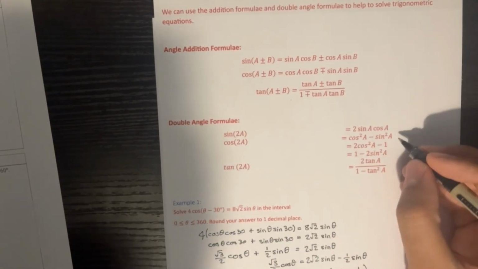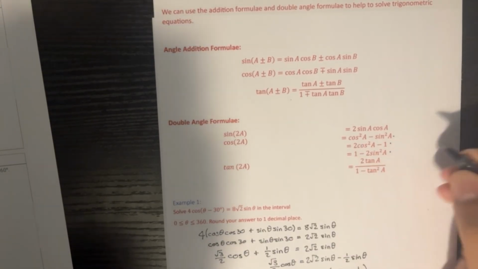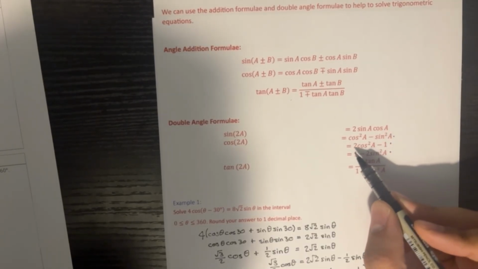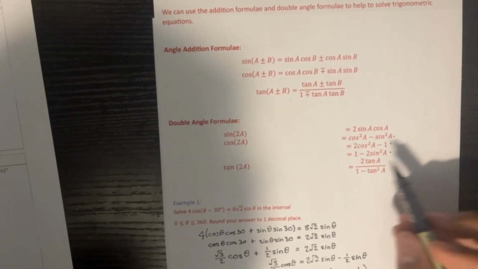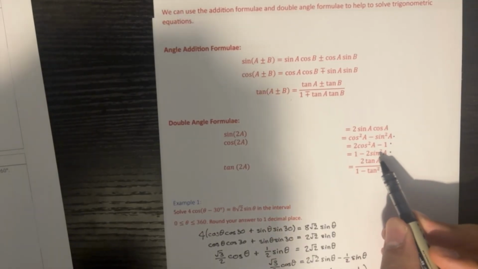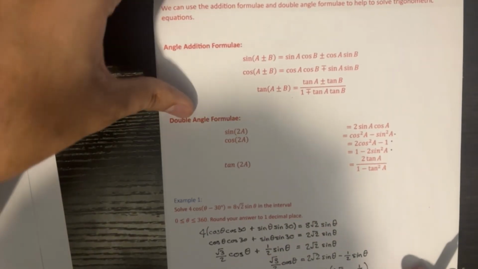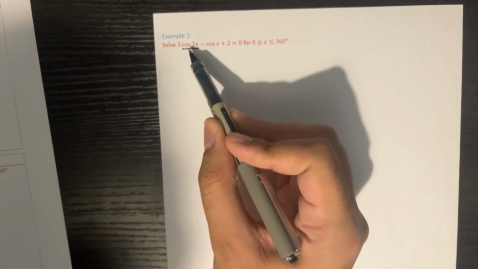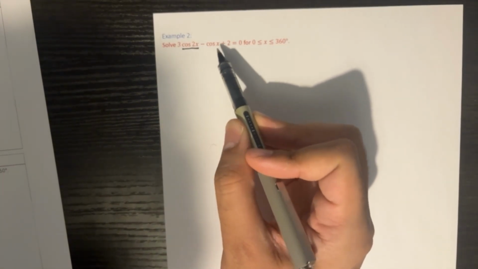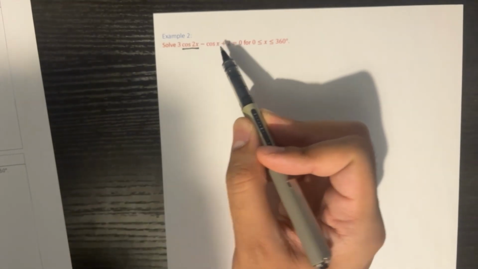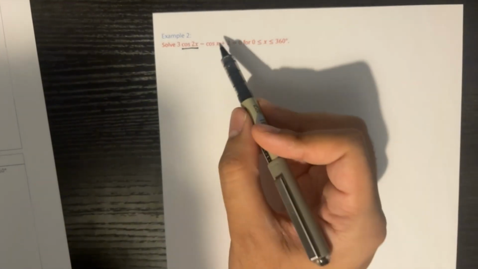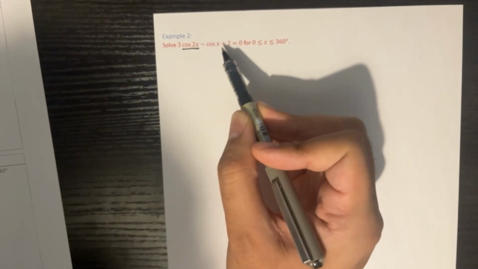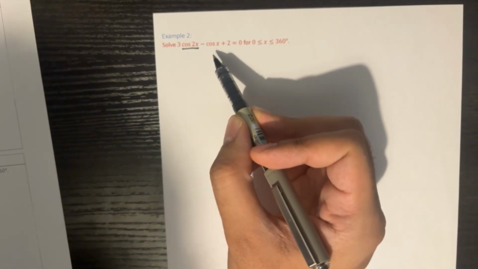We've got 3 different options that we can use. We've got cos squared A minus sine squared A, we've got 2 cos squared A minus 1, and we've got 1 minus 2 sine squared A. And if I look back at my question, we've got cos 2x, we've also got something in terms of cos x. So it makes sense logically to choose the double angle formula which is going to express things in terms of cos x.